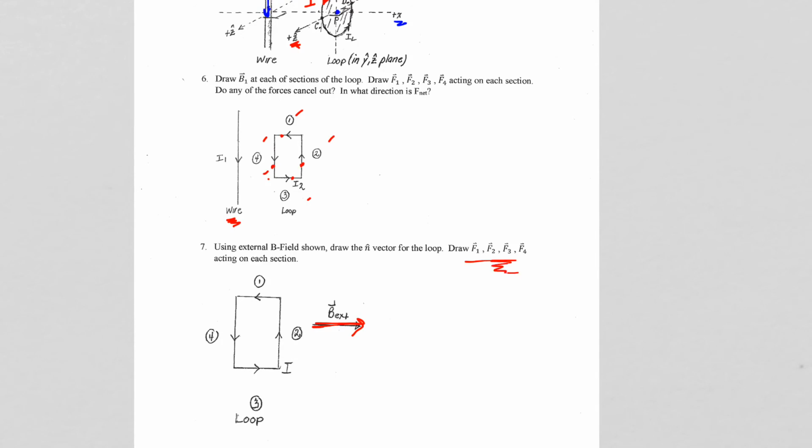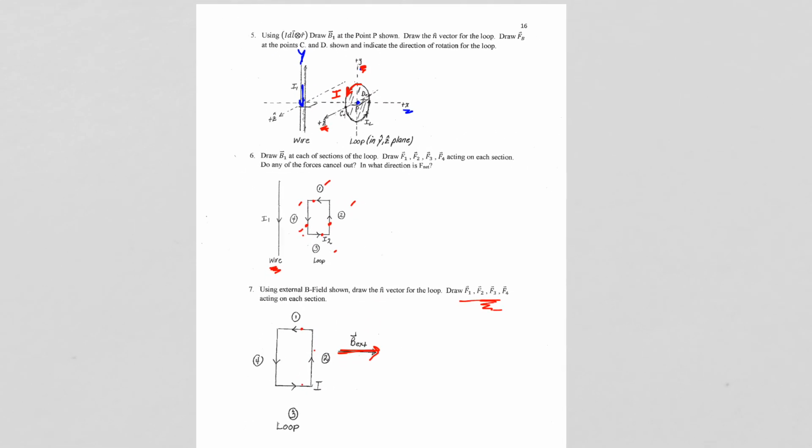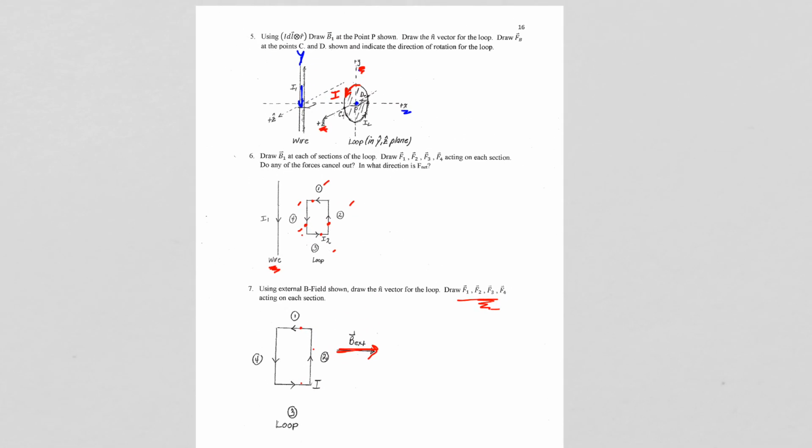So again, force 1 refers to the force acting on section 1, 2, on section 2, 3, and 4. So again, I'm going to pause the video right here and let you attempt to get all your vectors and address the forces in these 3 problems.